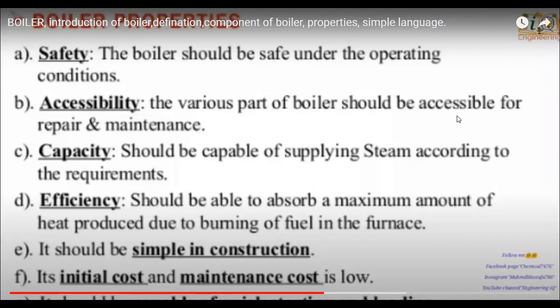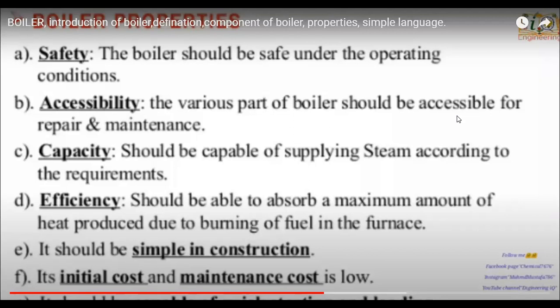It should be simple in construction. Why do we need simple construction? Because we can easily understand the construction of the boiler and its operation, so anyone can understand what fault has been generated and tell the technician for the replacement or maintenance.